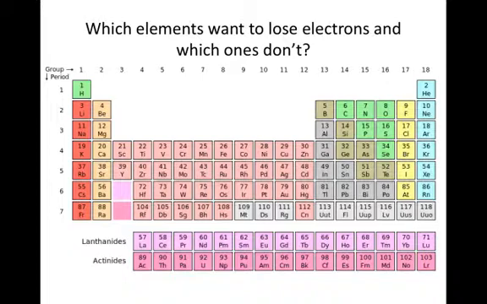But before we get there, let's talk about which elements want to lose electrons and which ones don't. Well, which elements want to lose electrons? That's right, it's the ones on the left side of the periodic table, because those ones are going to become positive. Those ones want to have a full outermost quantum level, and so they're going to lose electrons in order to do so. Whereas the ones on the right side of the periodic table, they want to gain electrons in order to achieve a full outermost quantum level.